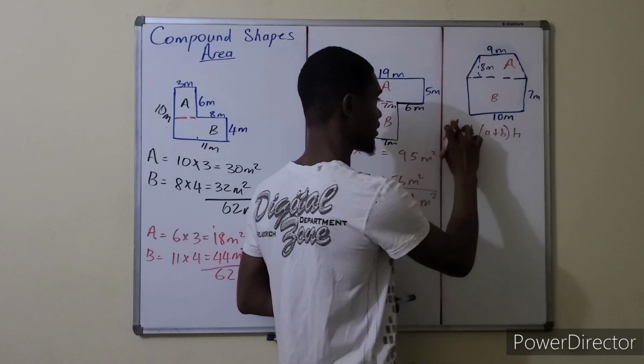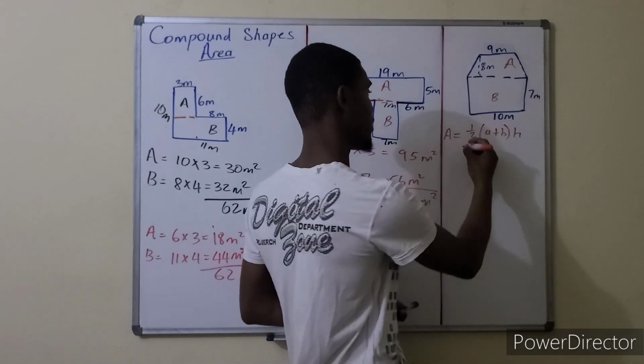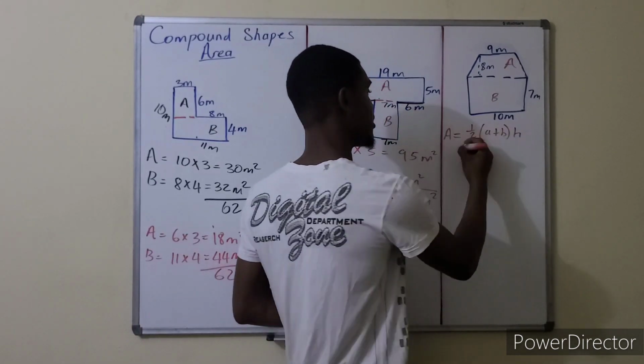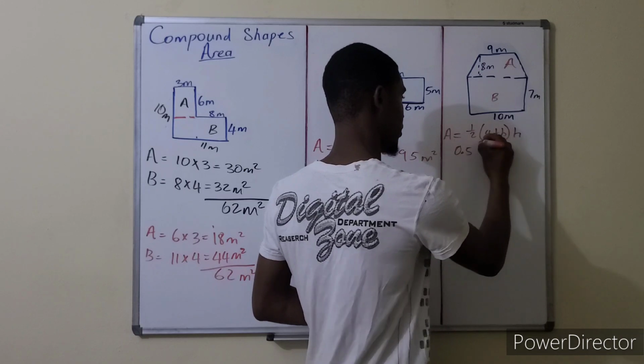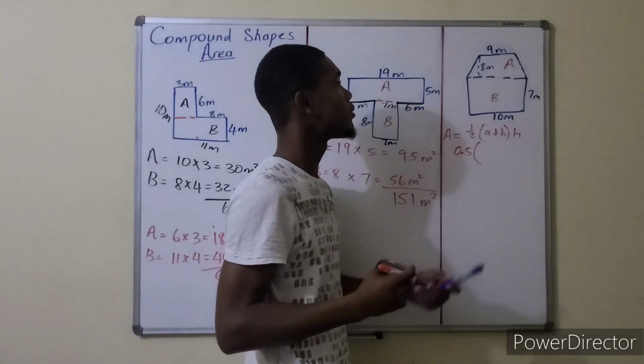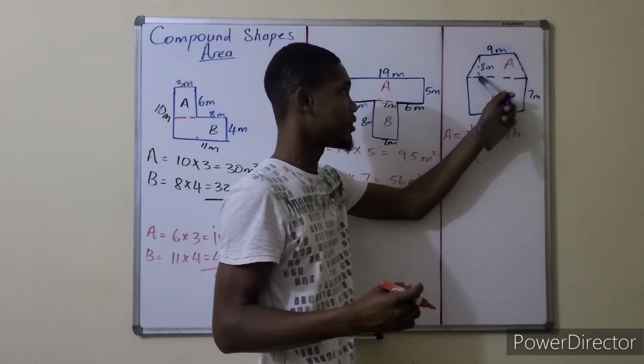So if you're using a calculator and you don't like working with fractions, all you can do is change your half to 0.5, which is a decimal. So you'll have 0.5, open bracket, A plus B, which means the two parallel sides. The parallel sides of this are going to be 9 and this side here.